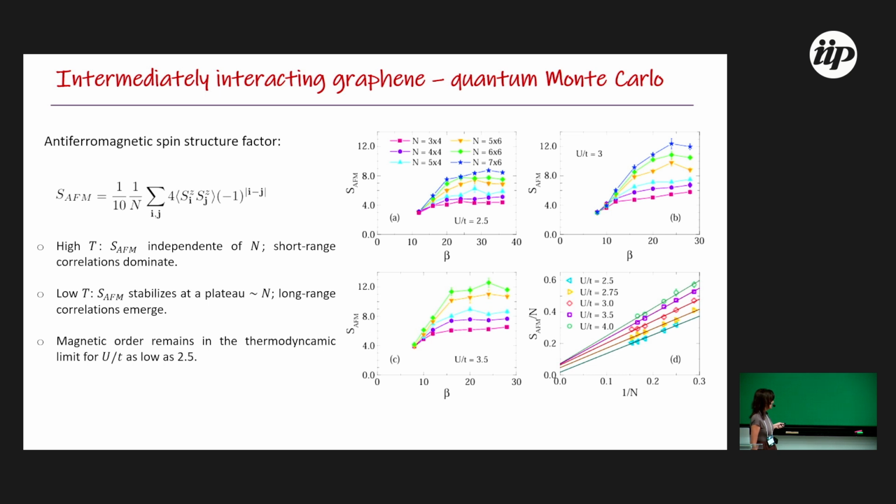So we have this magnetic order remaining in the thermodynamic limit when U is as low as 2.5. Here the lowest value of the simulations was 2.5, right? So it's the lowest lying extrapolation here in the thermodynamic limit.